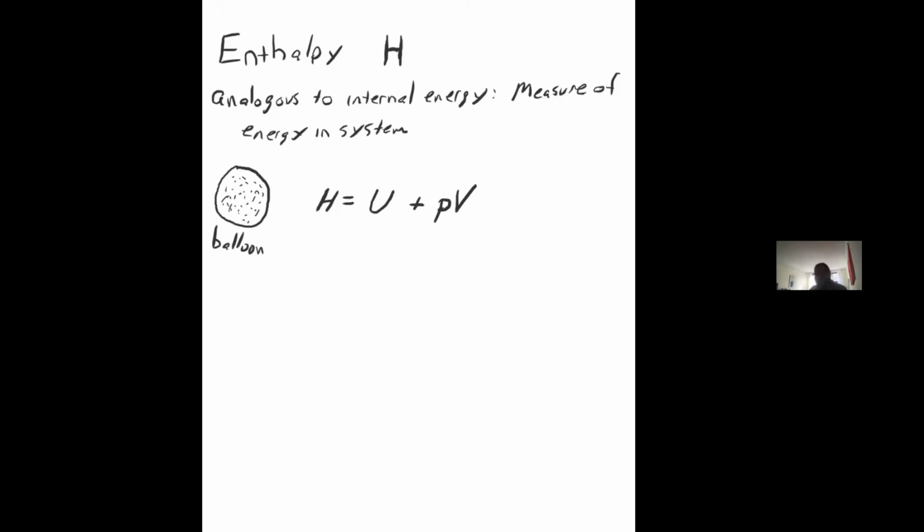And here's what we're going to claim. We don't really want to know how much internal energy or how much enthalpy something has. Really what we want to know is how much it changes. The reason is because of this equation right here.